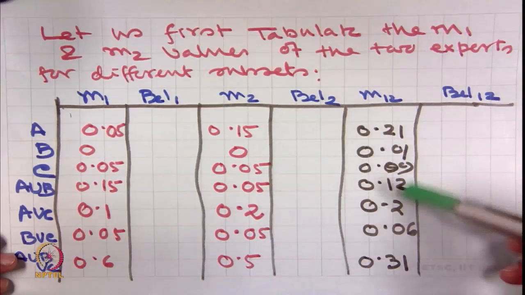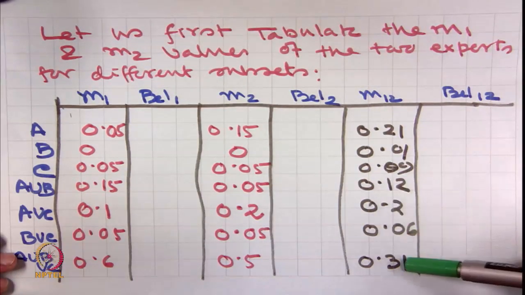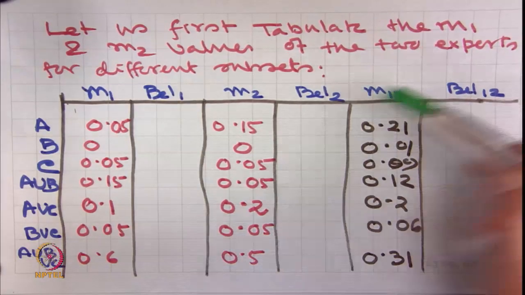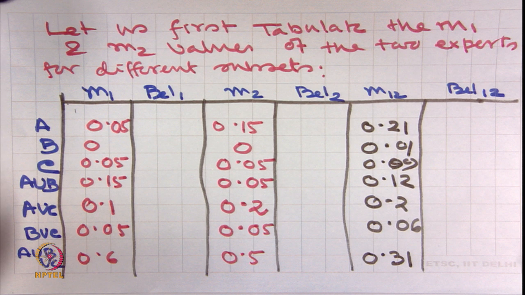We have shown the computation of some of them. Let me just tell you how the M12 value for A is being calculated.